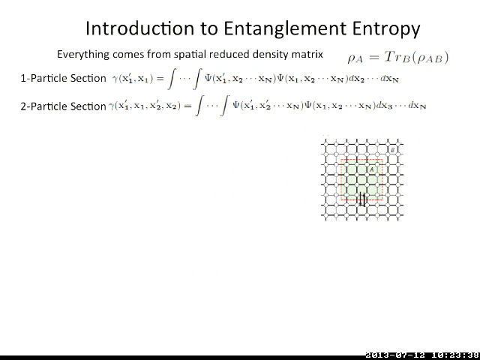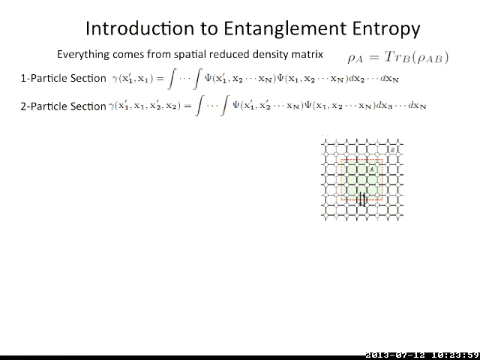If you've been in the mindset of doing particle density matrices, you might not quite understand how to do the spatial density matrix. Integrating out a full particle, we all know how to do. What happens when you try to integrate something out in space is you get multiple particle sectors that all contribute to your density matrix.